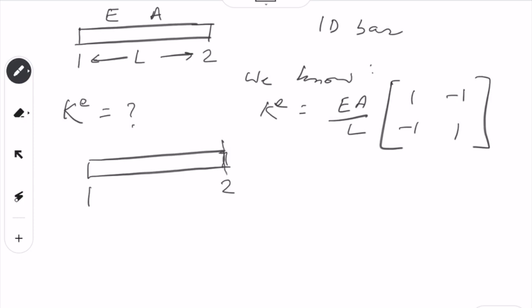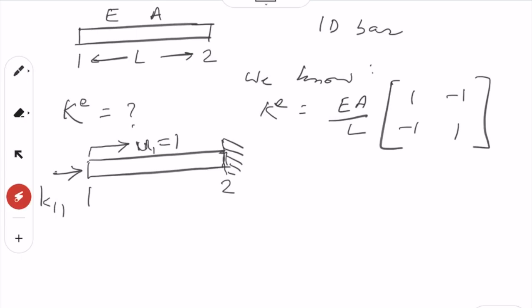Then you fix one end like this, and you apply unit displacement here. So this end you are going to move by 1, so u1 equal to 1. By moving 1, whatever force you need to do that here will be K11, and whatever force you get at the other end will be K12.